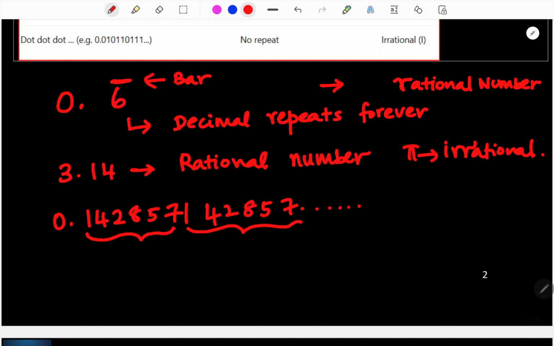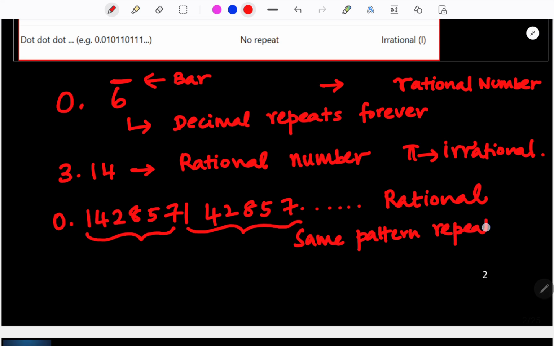The same pattern keeps repeating. If the same pattern keeps repeating, it is a rational number. Keep in your mind.